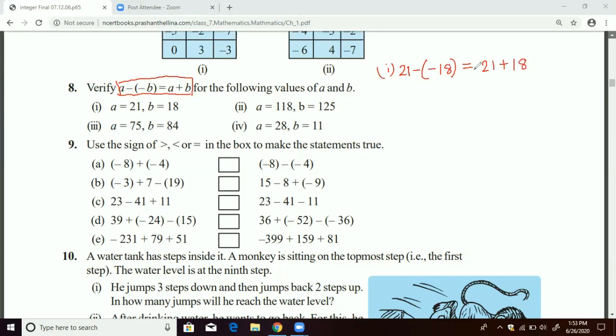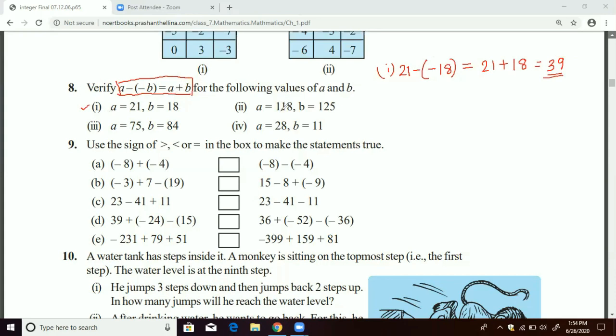What will be the answer? 39. If you add 21 plus 18 also, you will get 39. So for the first values, this result is true.